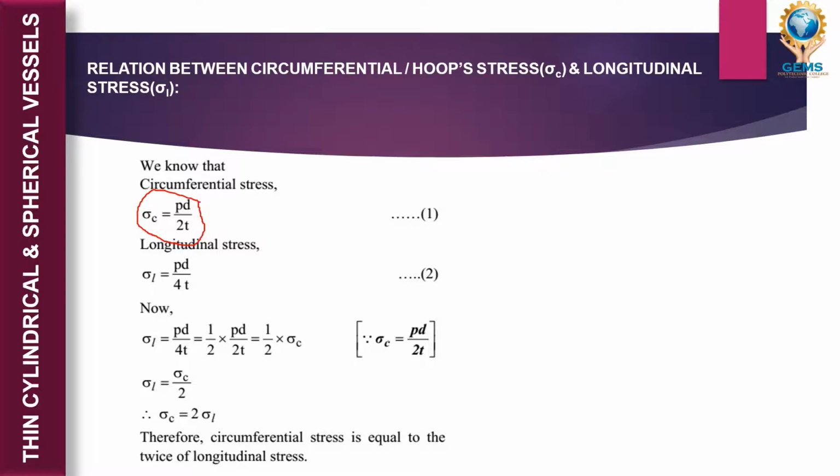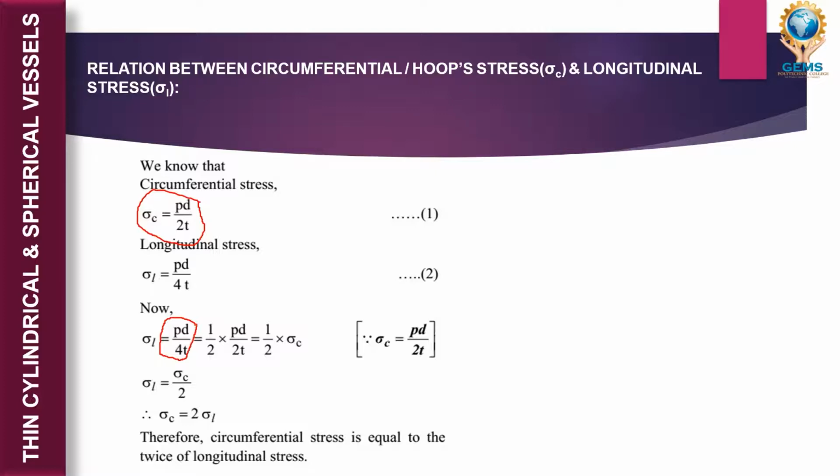We can write PD by 4T as 1 by 2 into PD by 2T. We have split PD divided by 4T into two terms, arranged according to our needs.